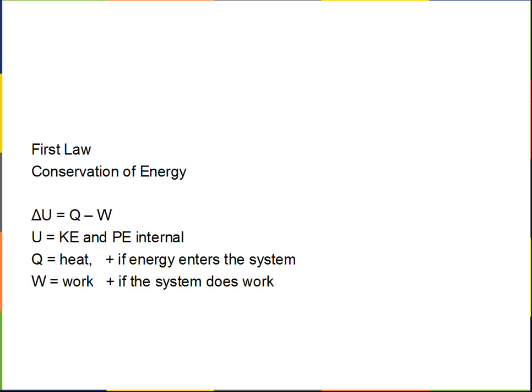Right, so we have a law of thermodynamics, the first law of thermodynamics. It's really a statement of conservation of energy for the symbols, the quantities that are useful in studying heat engines.